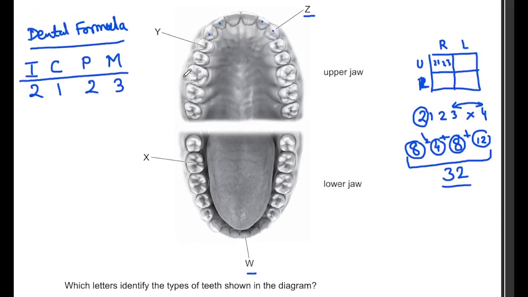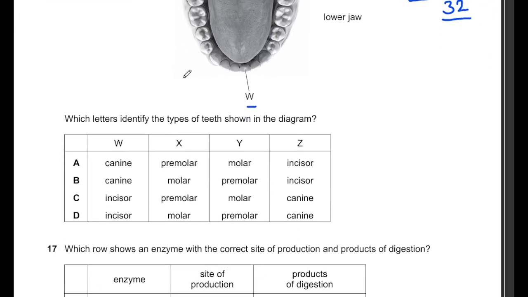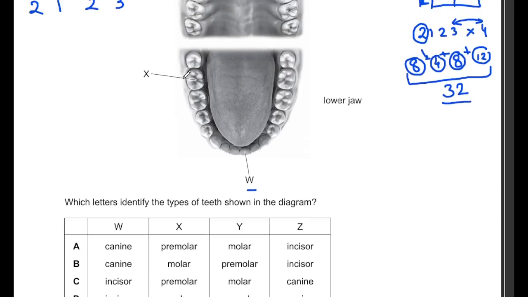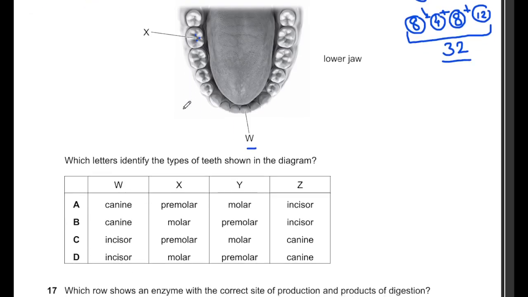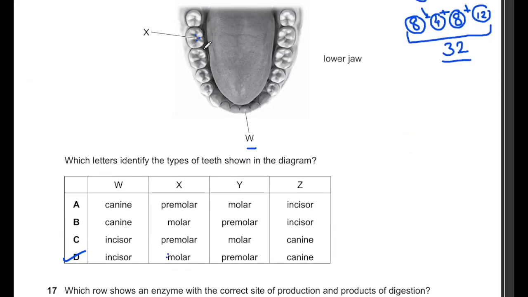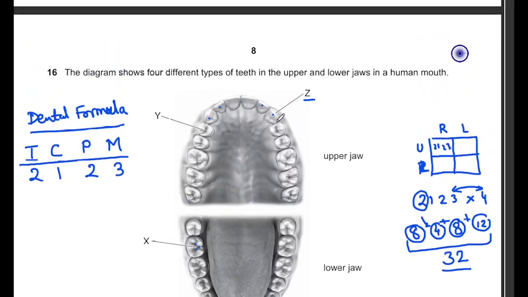This will help you give the answer. Got it? Okay, molar. This is a molar. Fine, 3 crowns will be on this. So we got the answer here: W incisor, X is a molar, and then Y is a premolar, which is here. And then Z was a canine.